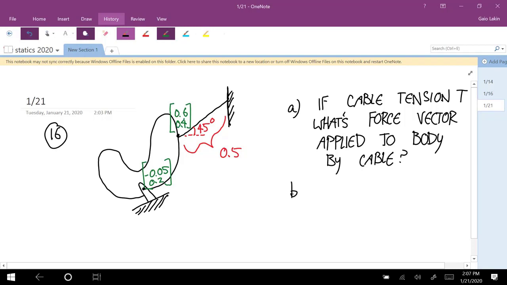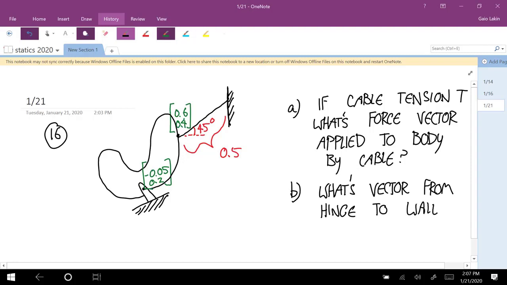And then part B asks, what's the vector from the hinge to where the cable touches the wall? I'll call it the wall connection.